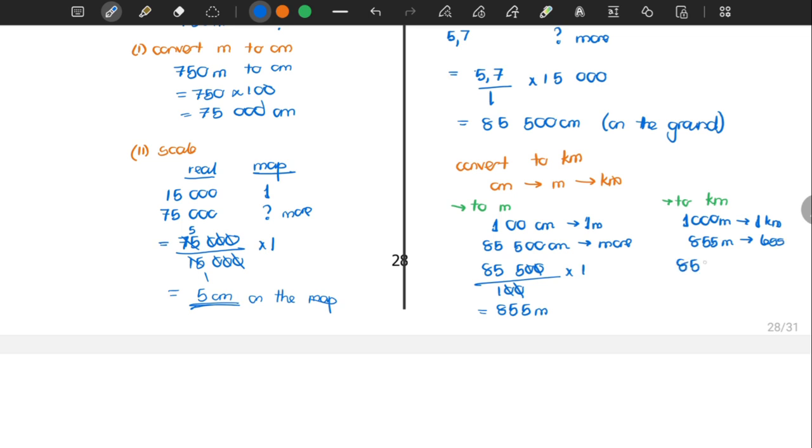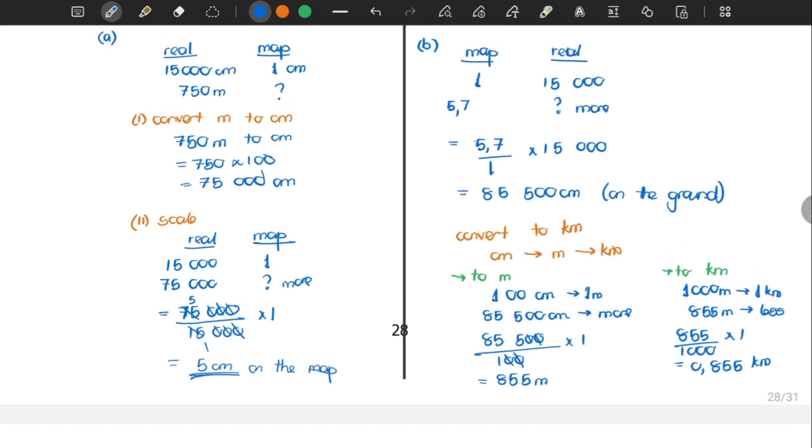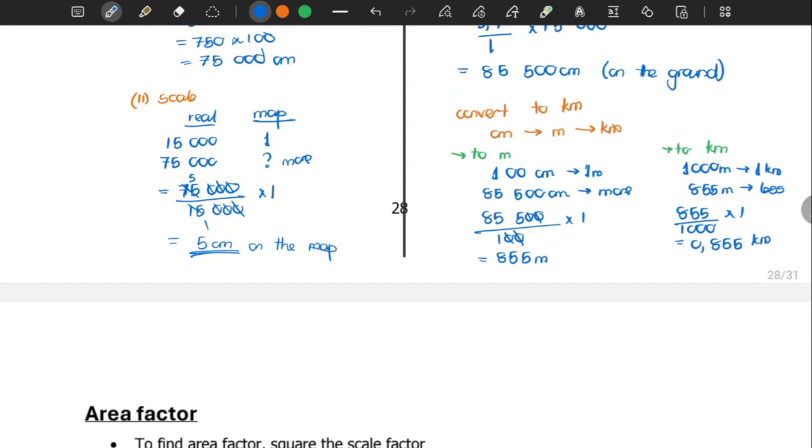So it's going to be 855 over 1,000 times 1, which will be equal to 0.855 kilometers. But the question says to the nearest kilometer, so we're looking at this number right here, which is greater than 5, so we round up, and that would be equal to about 1 kilometer when it's rounded up. So yeah.